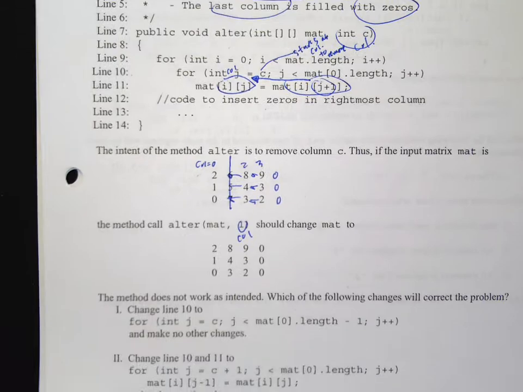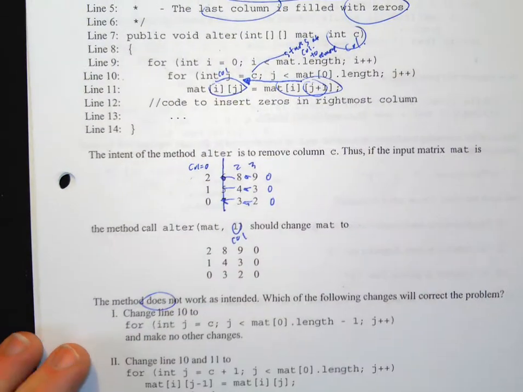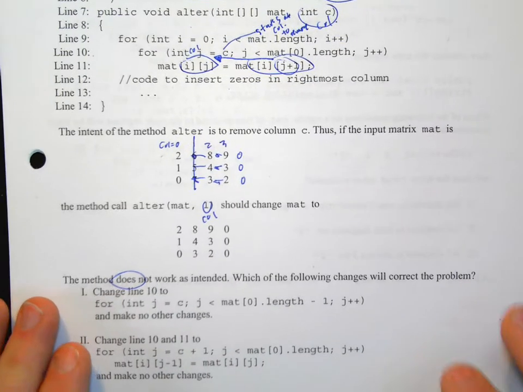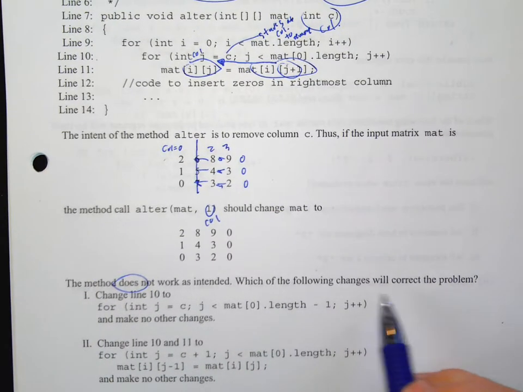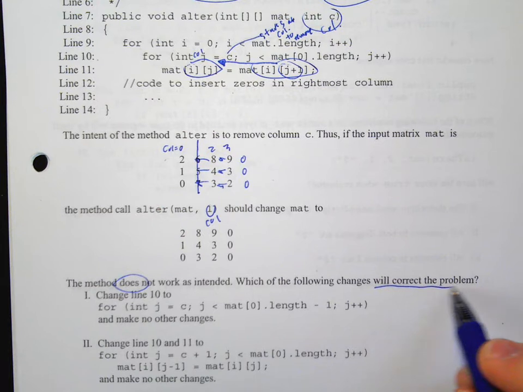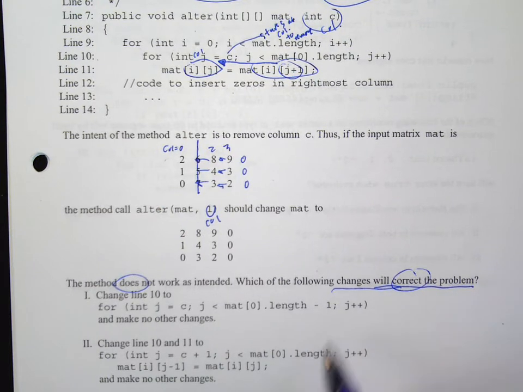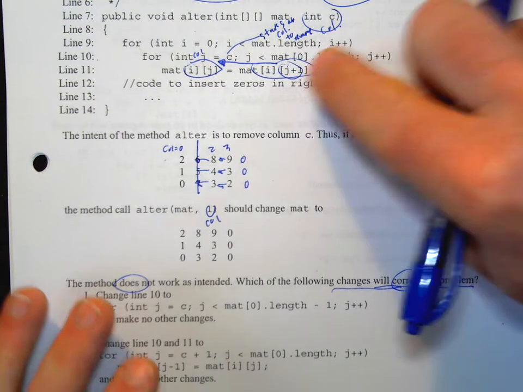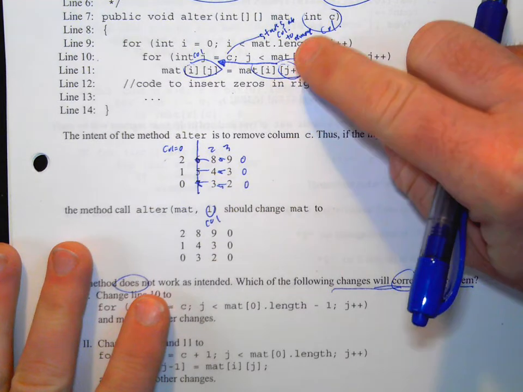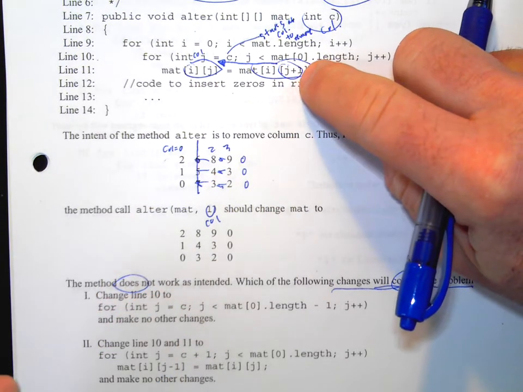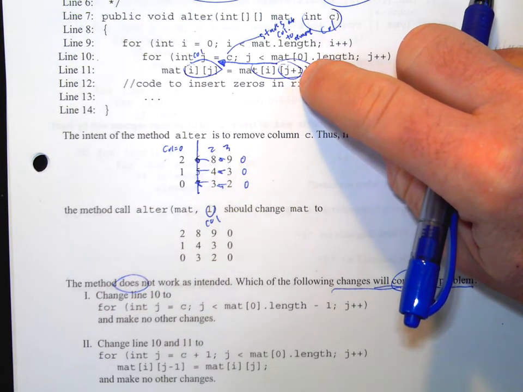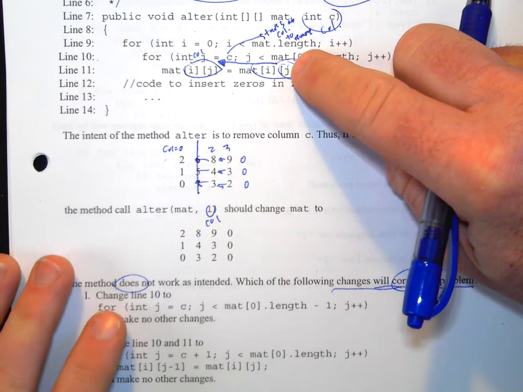And it says the method does not work as intended. Like I said, I think I spotted an issue. Which of the following changes will correct the problem? So you got to fix it. So to make sure we don't go past, remember we're going to replace the last column with zeros anyway. So we can skip the last column when we're moving all the columns over.